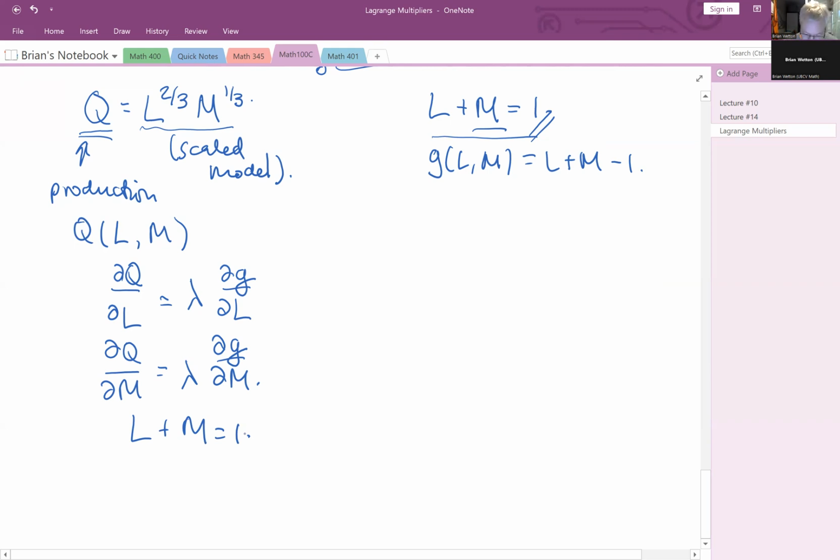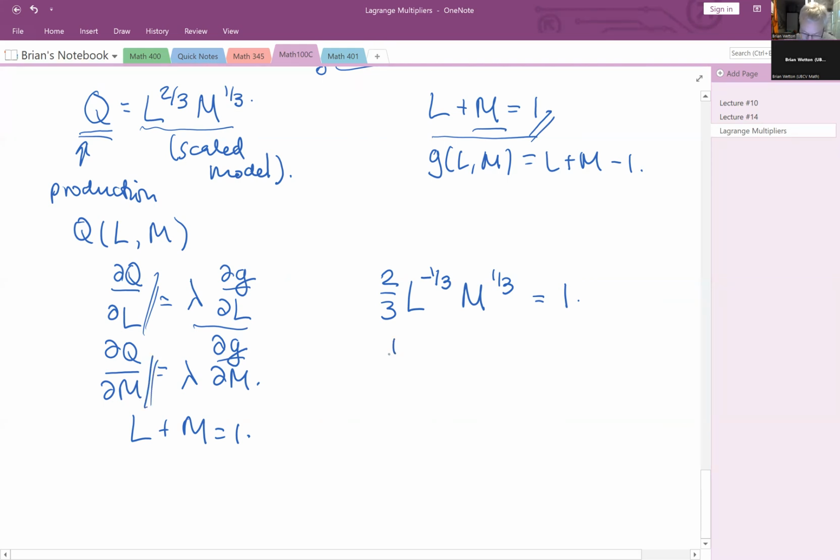Okay, well, if I take the derivative with respect to L of this one, I'm going to get 2/3 L to the minus 1/3 times M to the 1/3. And if I take the derivative of g with respect to L, I just get 1. And I get a similar thing going on here.